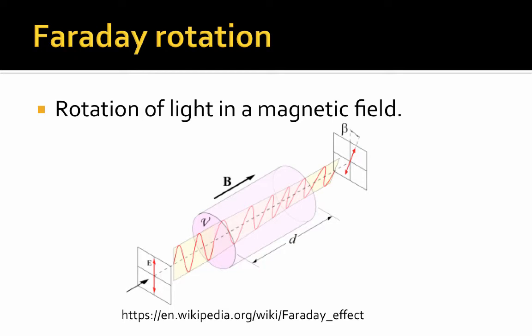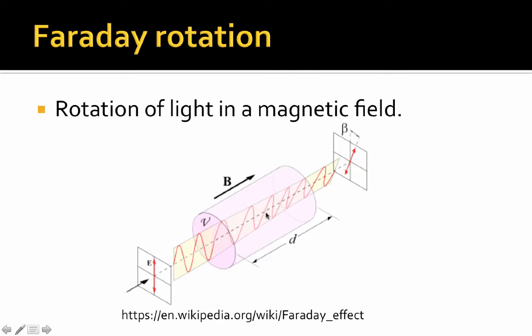This picture shows, and I'll repeat this picture many times because it's just a simple depiction of Faraday rotation, that if we have an electric field that's polarized as on the left here, vertically, linearly polarized, and it enters a material that's a dielectric, and we exert a magnetic field on this material in the direction shown, the light will rotate in a particular direction based on that magnetic field, and it will come out at a different linear polarization angle.